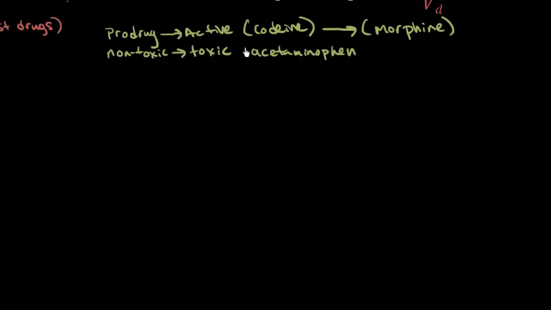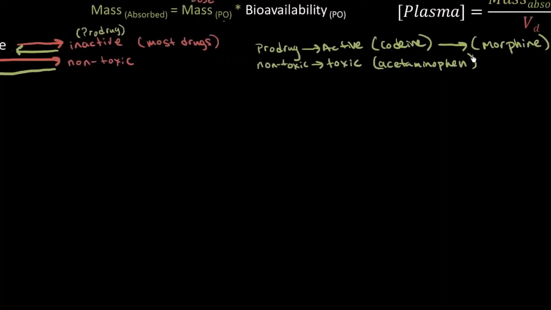Now I don't want you to get scared here. Acetaminophen, 95% of it when it's metabolized is non-toxic. But 5% of it, under certain circumstances, can actually be metabolized into a toxic or hepatotoxic metabolite. What we're going to do later on is figure out what those particular circumstances are.